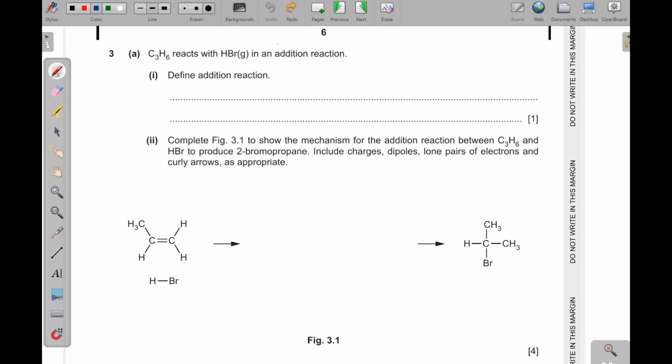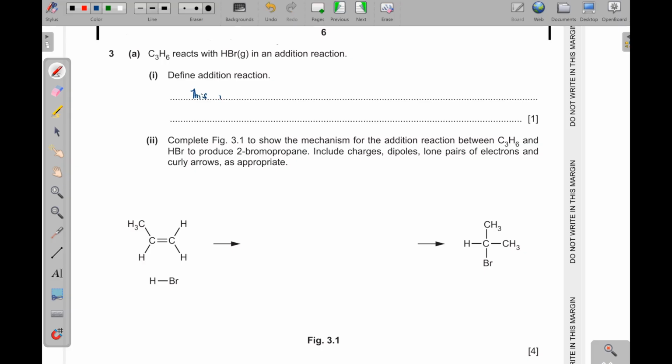This one is propene reacts with HBr, hydrogen bromide, in an addition reaction. In Roman 1, they are saying define an addition reaction. This is where 2 or more reactants react to form only one product. So they fuse into each other to give you one, okay?